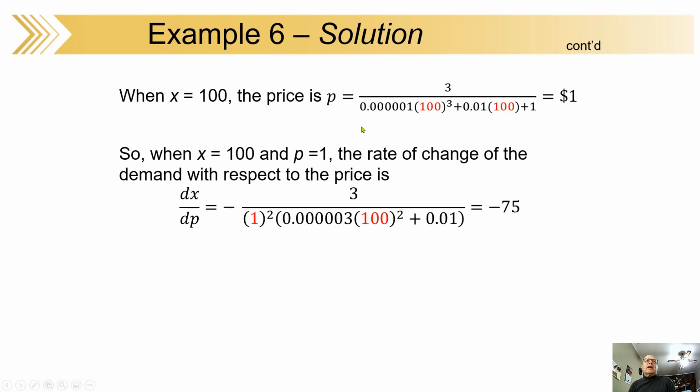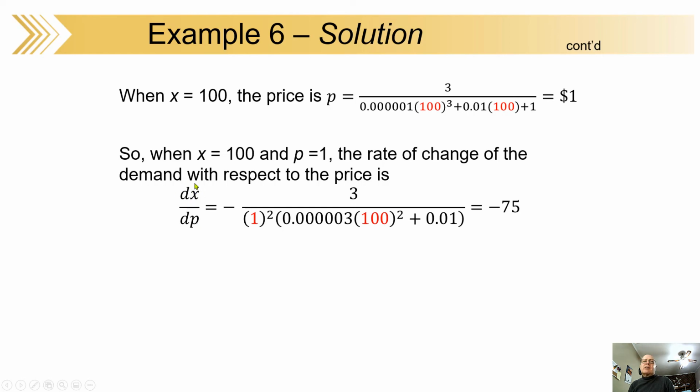Now, what we're interested in is when x equals 100. At that point, we're selling 100 if the price is $1 per pair of pliers. We just found the derivative, or the rate of change, dx/dp, number of items per $1.